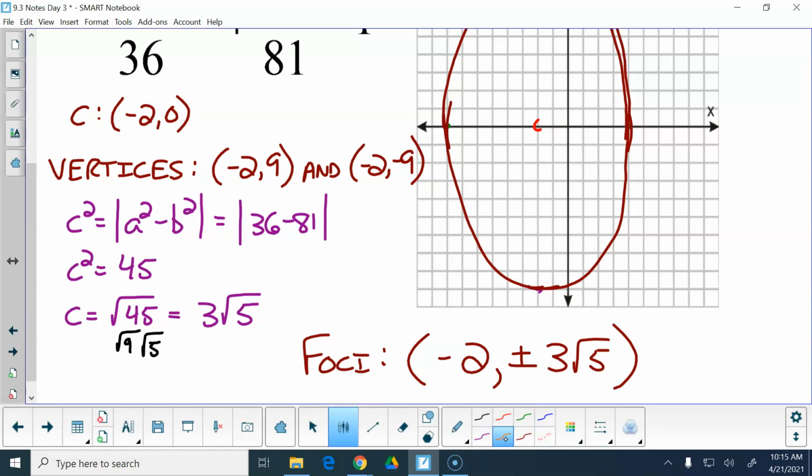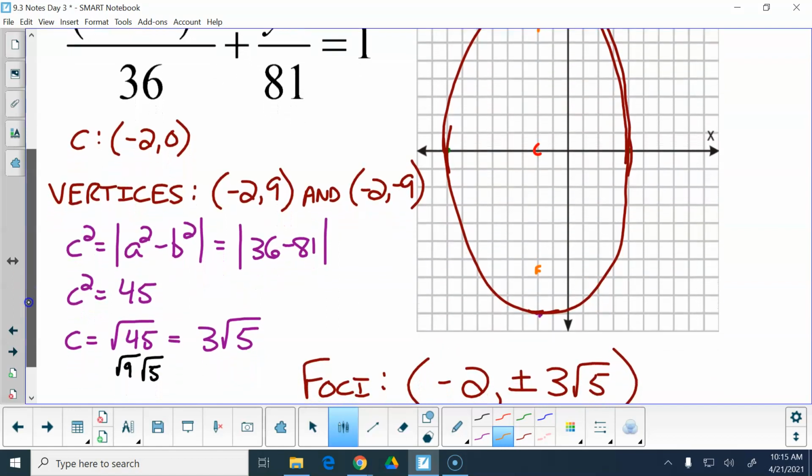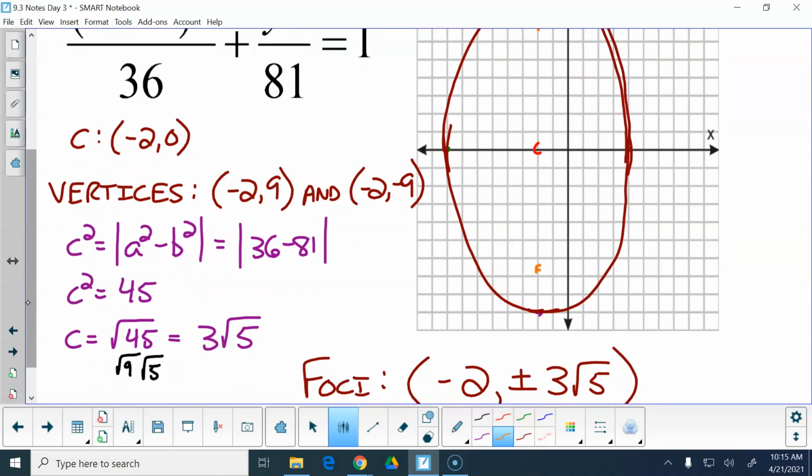So that would put it 9, 8, 7, and we put that there. And 2, 4, 6, almost 7. Okay? And that gives us our 6 pieces: center, 2 vertices, 2 foci.